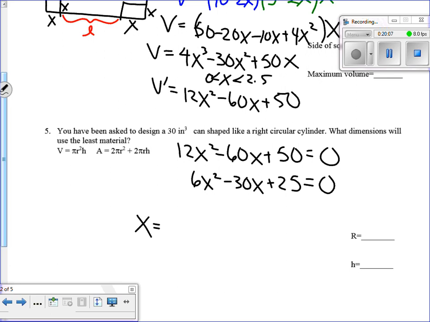X equals negative b, which is 30, plus or minus the square root of b squared, negative 30 squared is 900, minus 4 times 6, so minus 24 times c, which is 25, because it's minus 4ac, all over 2a. 2 times 6 is 12.